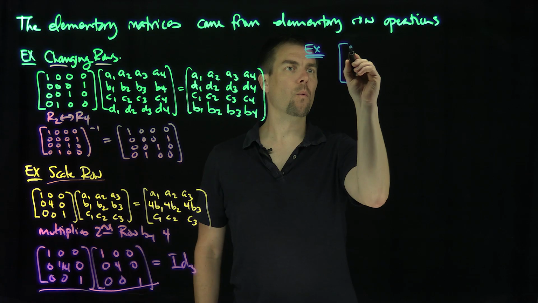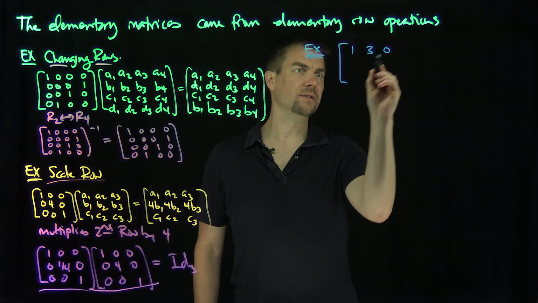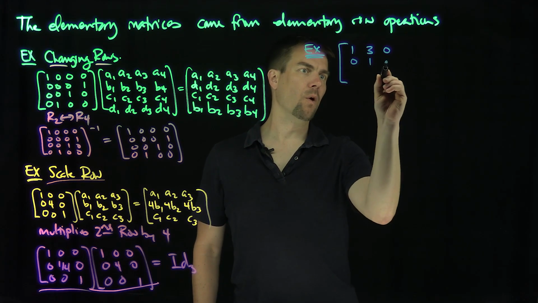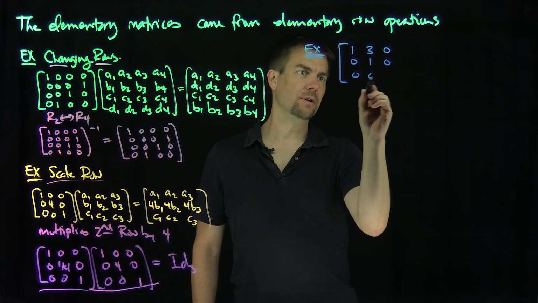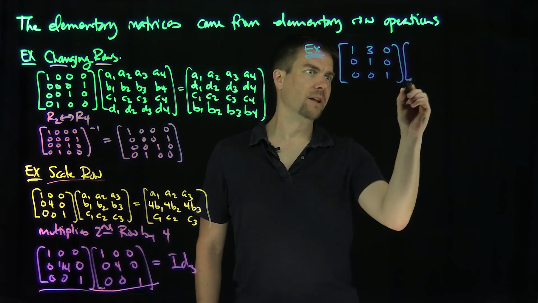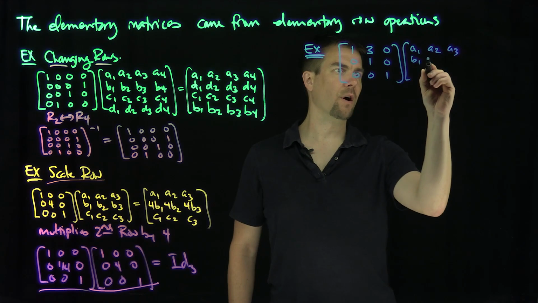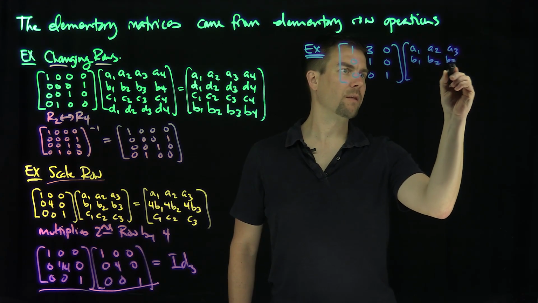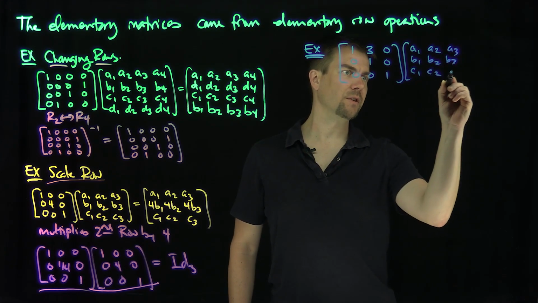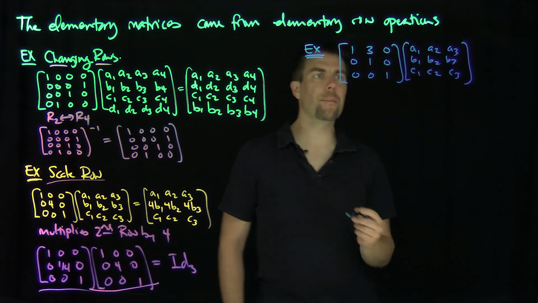If I did [1, 3, 0], then [0, 1, 0], and then [0, 0, 1], applied to our matrix A1, A2, A3, B1, B2, B3, C1, C2, C3, what would happen over here?